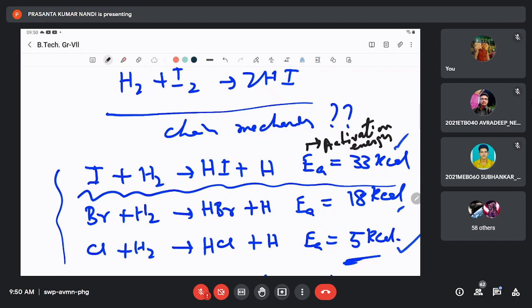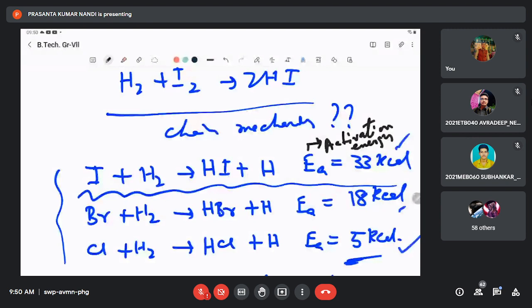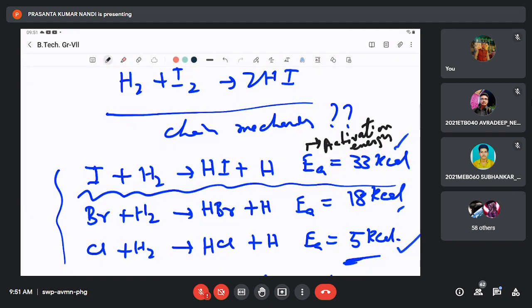Okay. Now you see activation energy is in the case of hydrogen and iodine about 33 kilocalories, whereas bromine is 18 kilocalories and chlorine is 5 kilocalories. Of course, these are kilocalories per mole. So that means the hydrogen and chlorine reaction should be much faster, following the same chain mechanism, whereas bromine and hydrogen molecules react like that.